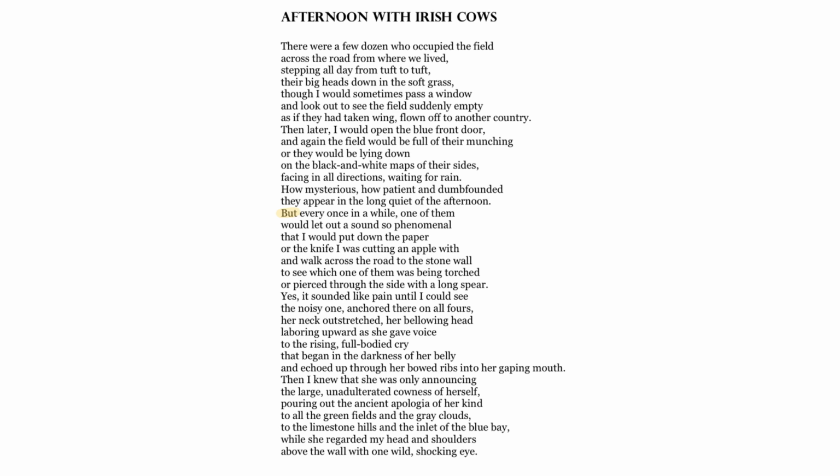So we go from first impressions and then the summative sentence, "how mysterious, how patient and dumbfounded they appear in the long quiet of the afternoon." So that short 2-line sentence is summing up basically the opening third of the poem, all the way from "there were a few dozen" down to "waiting for rain".